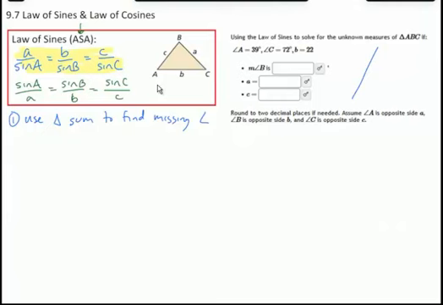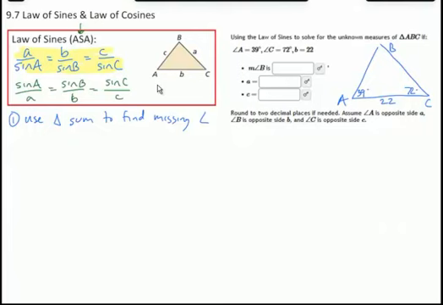If we sketch the triangle being illustrated, triangle ABC, angle A is given as 39 degrees, C is 72 degrees, and side B is 22. Remember, the lowercase letter is the side length opposite the angle with the same capital letter.